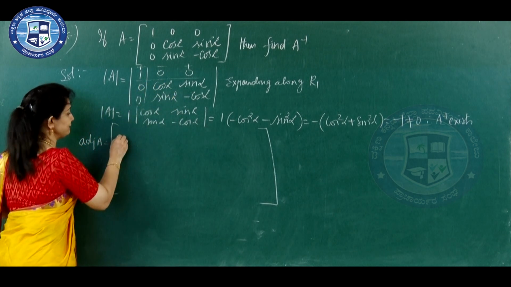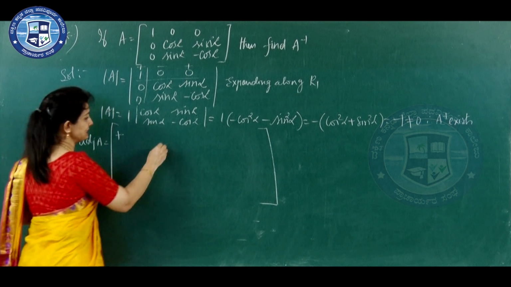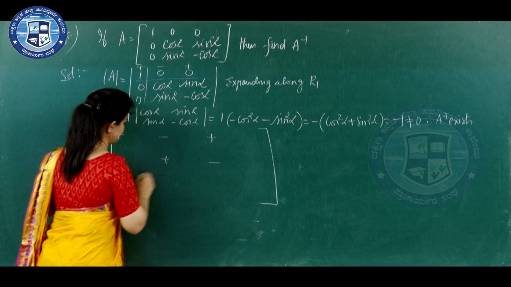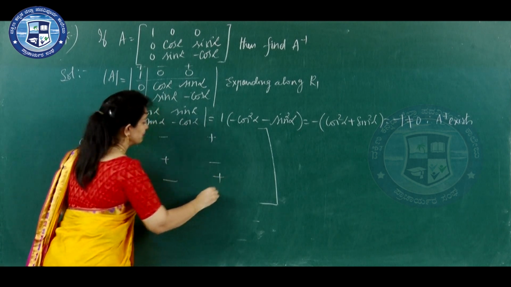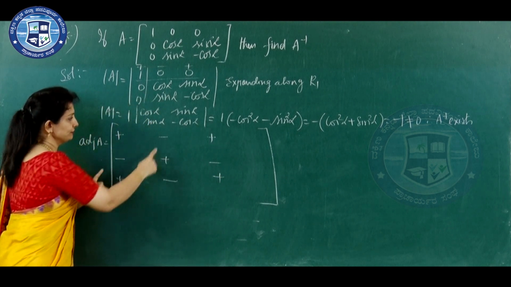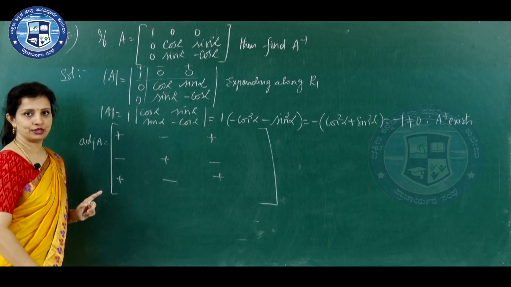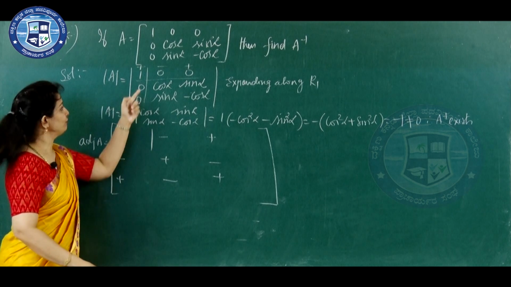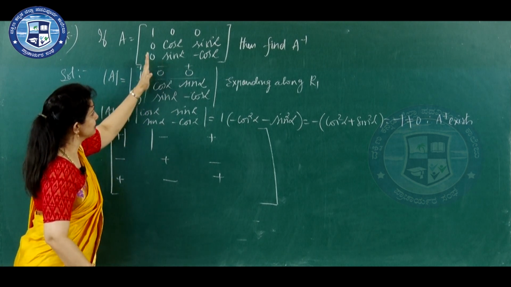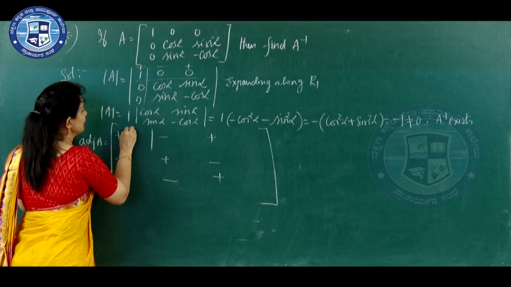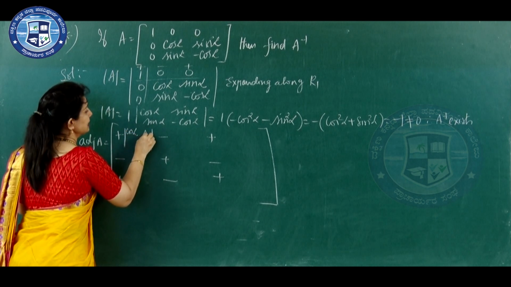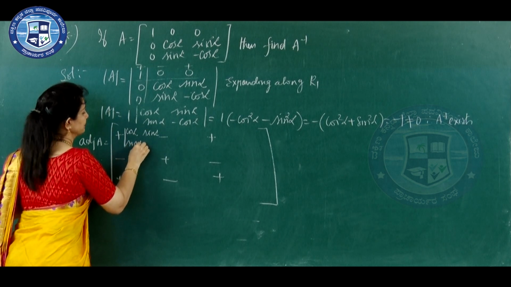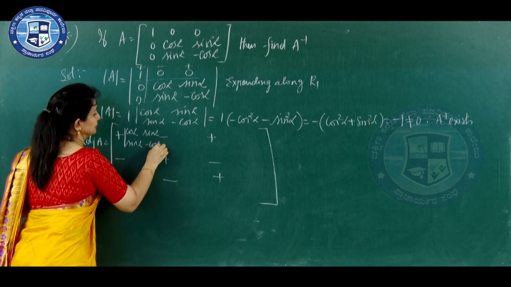To find the cofactor, first we write the position signs: plus, minus, plus, minus, plus, minus, plus, minus, plus. Diagonally positive and the other 4 are negative. Now what are the determinants? For the element 1, delete the first row and first column. The elements are cos alpha, sin alpha, sin alpha, minus cos alpha.